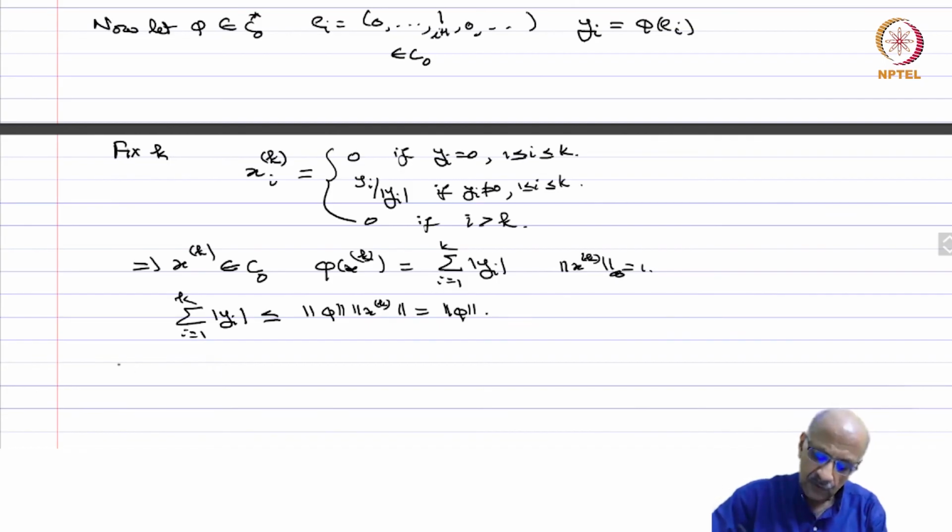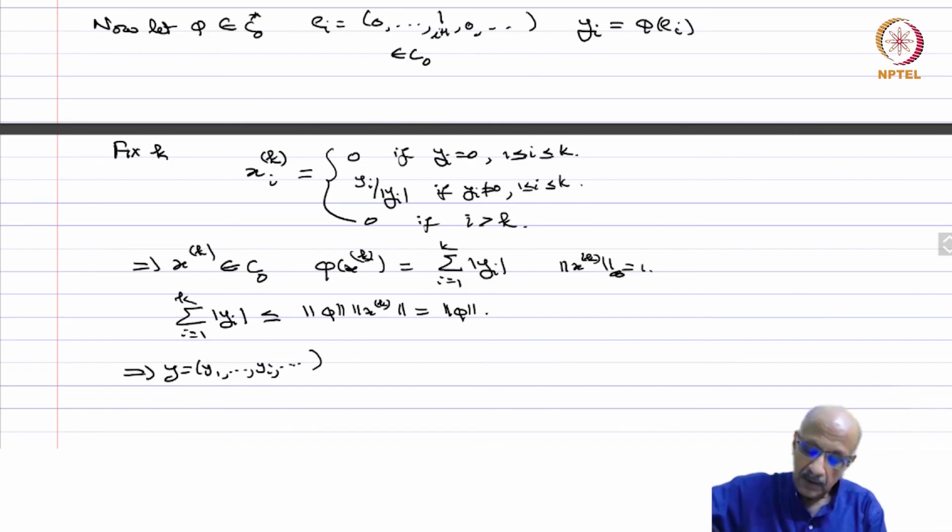So this is true for all k, and therefore this implies that y equals y1, y2, etc. belongs to L1, and norm y in L1 is less than or equal to norm phi.